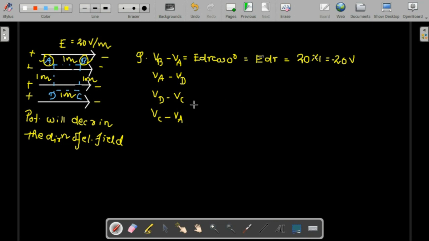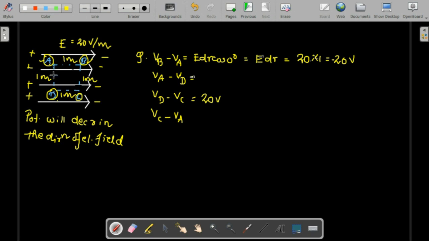On the other hand, if I take VD minus VC, the potential will be more here, the potential will be less here. Same calculation goes in, angle is 0. This will come out to be 20 volt. On the other hand, we can look into VA minus VD. Now you see this is VA and this is VD.